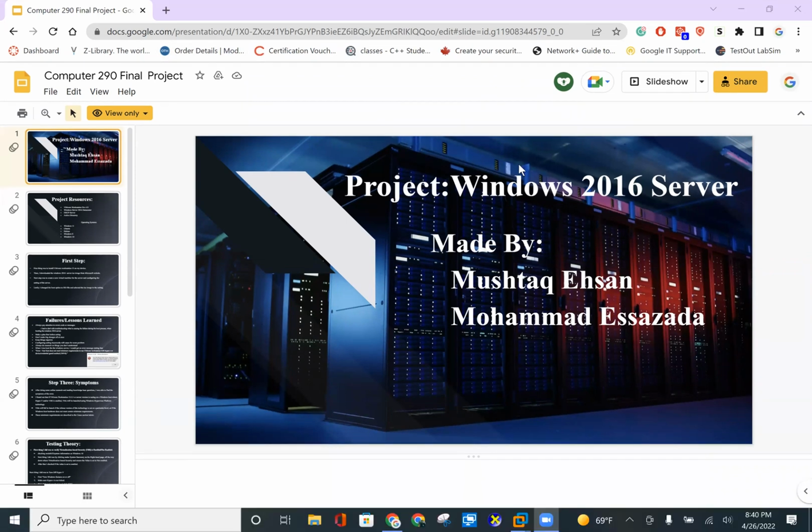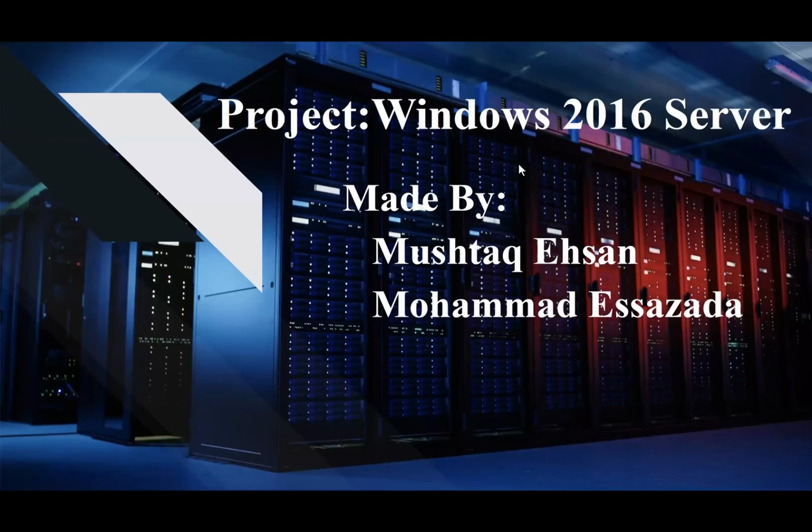So our project is based on a Windows server, and for this project we basically use Active Directory. We're using Windows Server 2016, and me and Mohammed Isaza did it together.